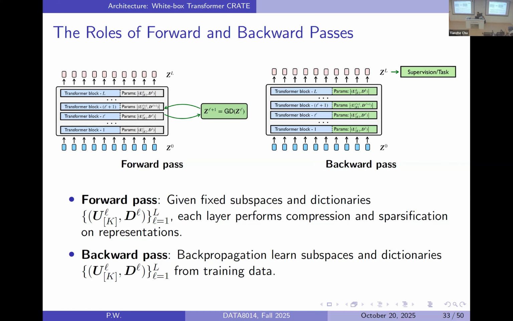At each layer in LISTA, the network parameters may be different, and here they are the same. We need to use backpropagation to learn the subspace and dictionary parameters from the training data. That is the whole map of the backward and forward path of this CRATE architecture.